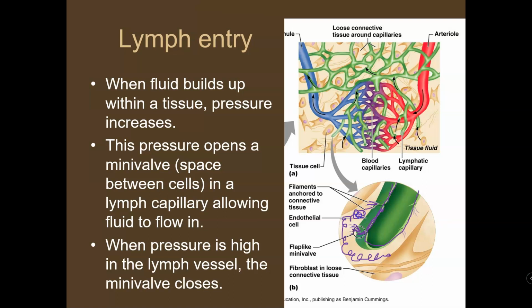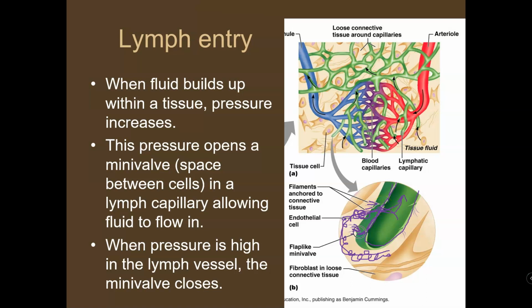So the pressure of all of that fluid is going to push on this side of the cell and make it flap open. And now that fluid is going to move into this lymph capillary. Once we're in here, the name changes, and now we are called lymph. So that same exact fluid that had been out here moving around, once it's in here, is called lymph. This gap between the two cells is called a mini valve.